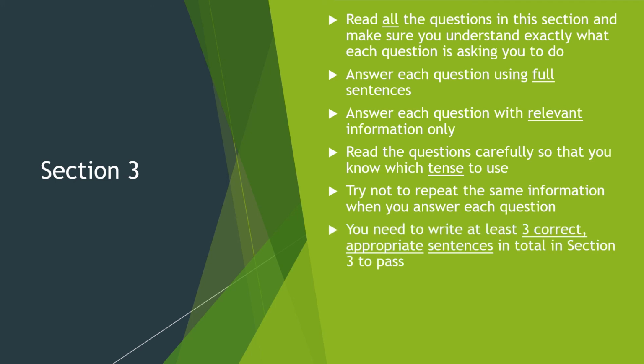You need to write at least 3 correct, appropriate sentences in total in section 3 to pass this task. Therefore, if you need to write 3 correct sentences, I suggest you write about 6 sentences to make sure at least 3 of them are relevant and correct.